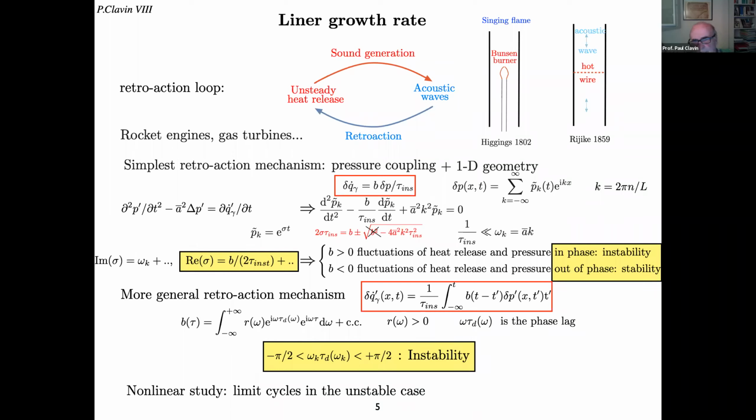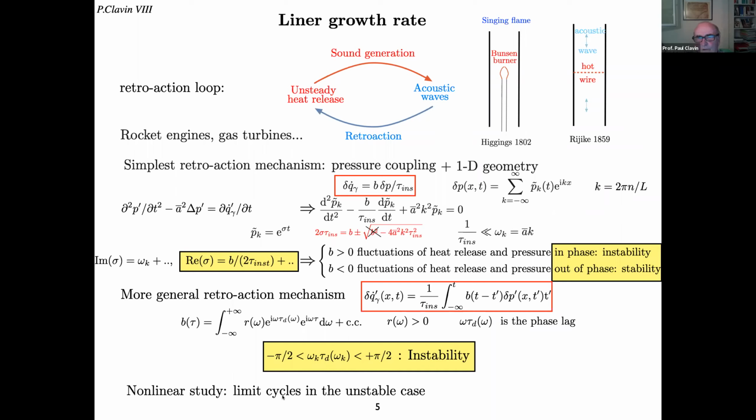A nonlinear study can be performed in that case, and in fact you find limit cycles, so you find an oscillation at finite amplitude. It's the classical problem of combustion in a closed vessel. The vessel is closed for the acoustics. It's clear that the vessel cannot be truly closed because you have to feed the combustion with oxygen and let the products get out.